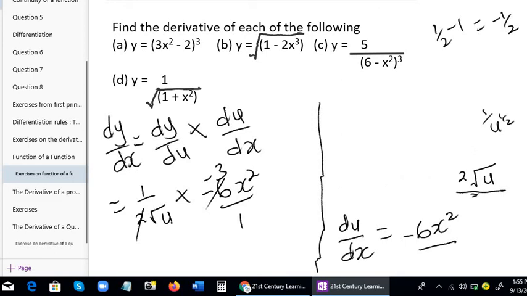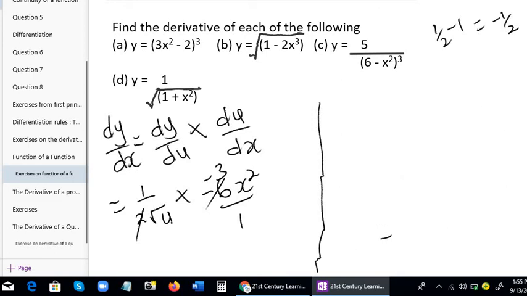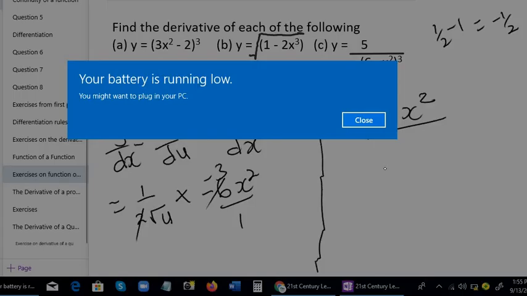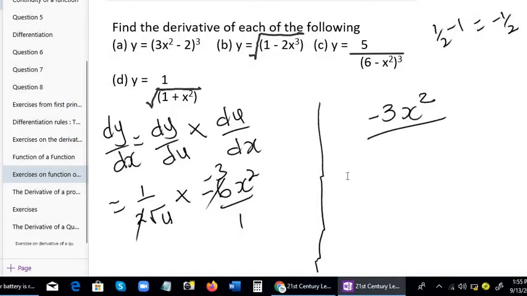You can always rewind back a bit so you can understand this better. Alright, so I have 1 times minus 3x squared, which will give me minus 3x squared over root u.